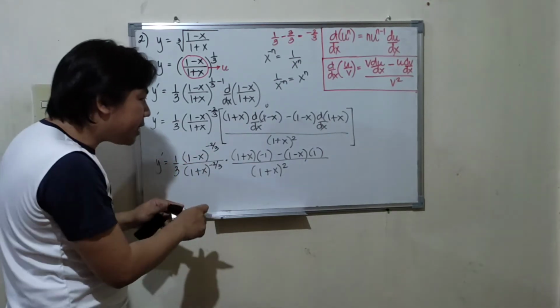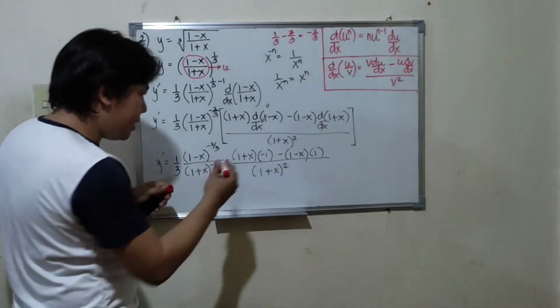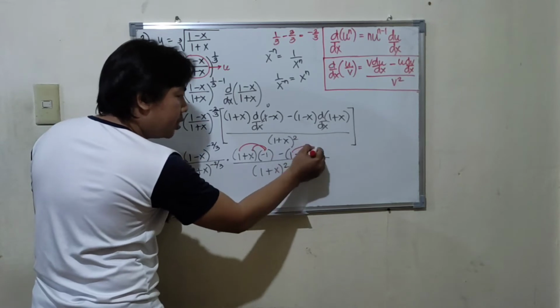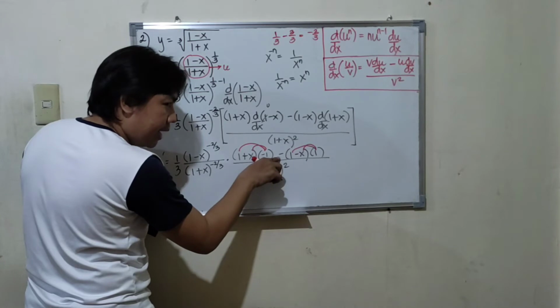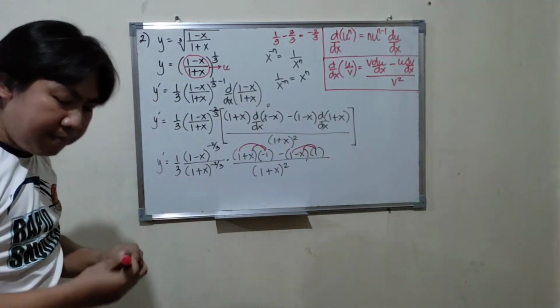Okay? Then at the same time, let us distribute the negative 1. Negative 1, distribute, multiply. And then 1, distribute, and also the negative. So 1 times 1, then we have negative 1 times negative x, and then the negative. Okay, so simplify.